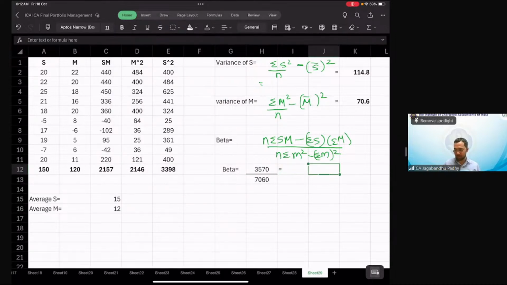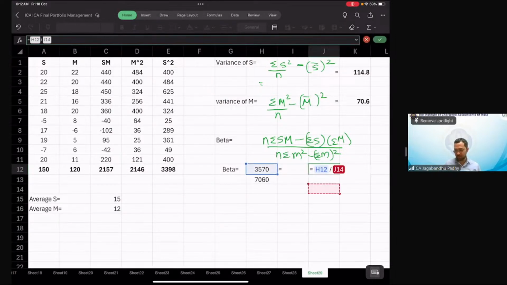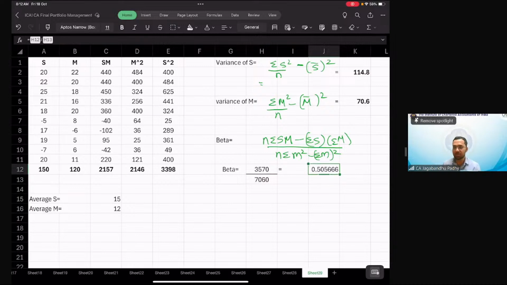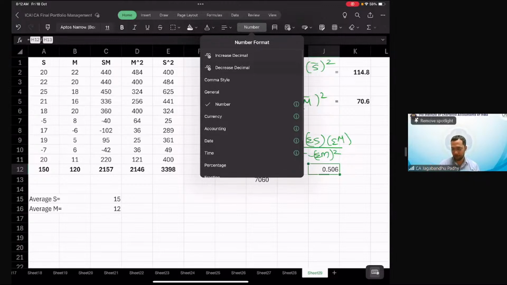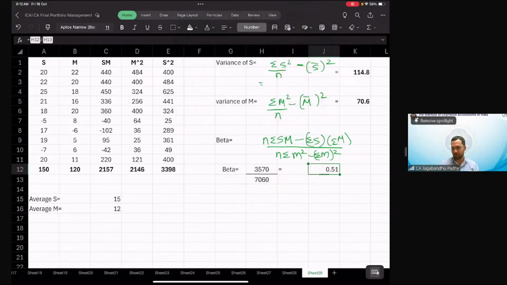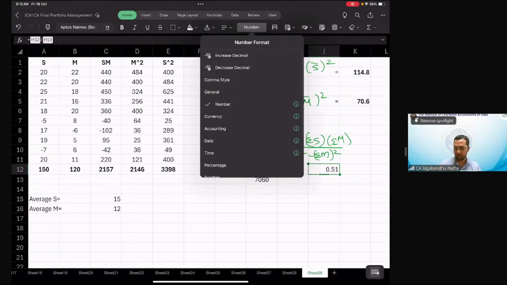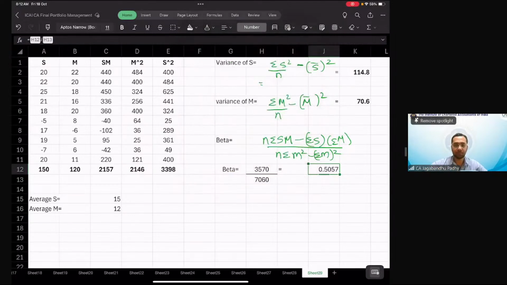So beta value is 3570 divided by 7060, which is 0.505. Or we can say beta is 0.5057. So beta is 0.5057, guys.